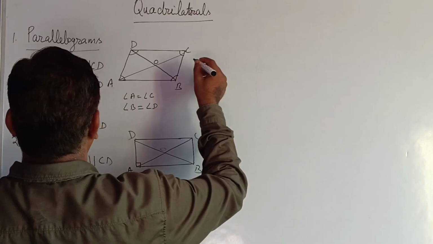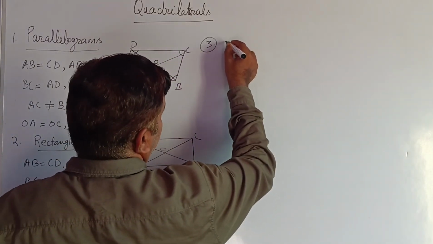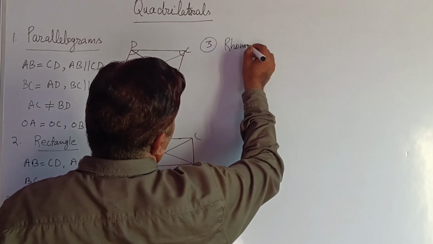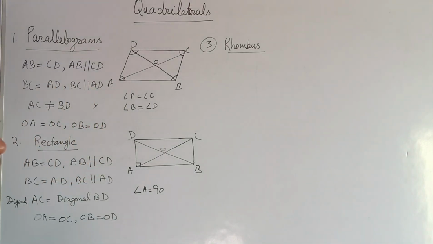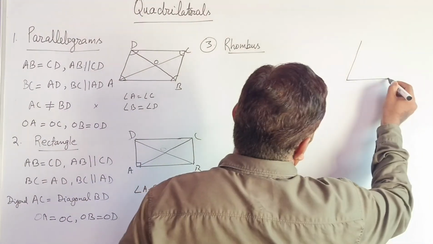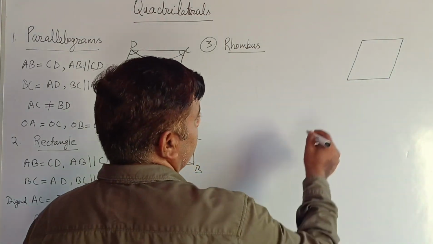Now the third one is the rhombus. In a rhombus, all sides will be equal and opposite sides will be parallel.